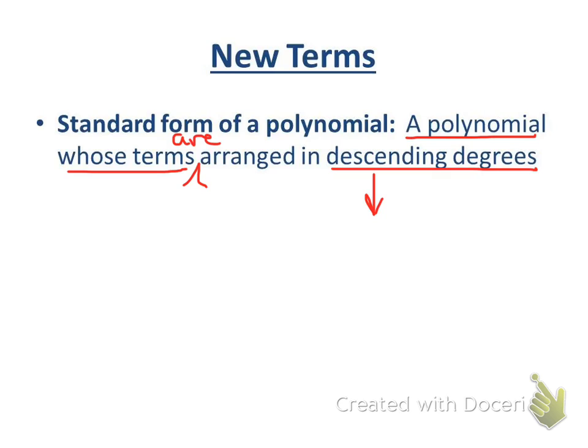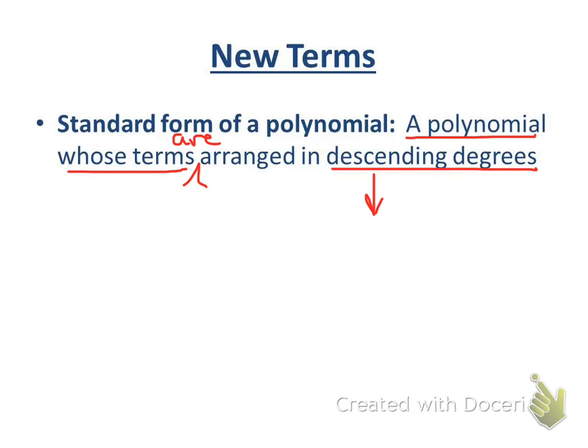So when we do that, we can talk about what is the first term. If it's in standard form, everybody's first term would be the same, right? If it's in standard form, then we can use that type of language. If it's not specified to be in standard form, then we can't talk about what the first term is.